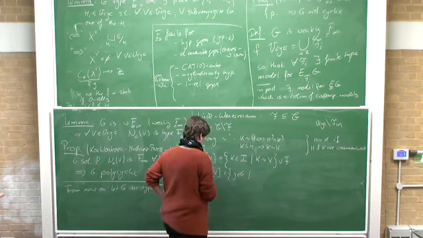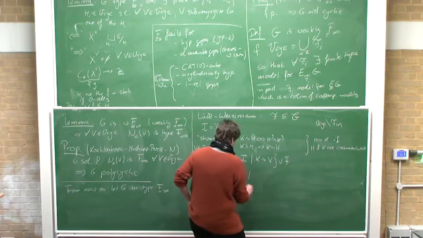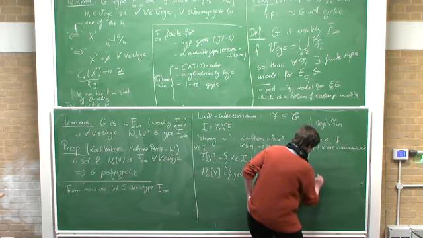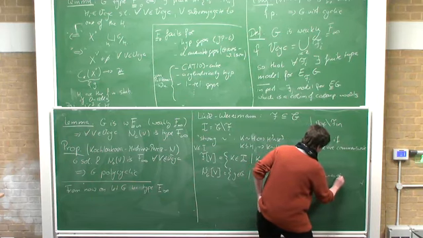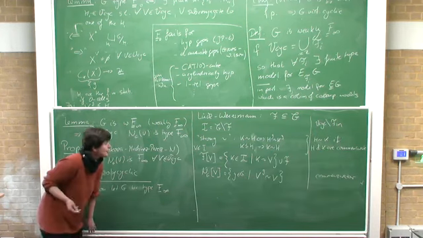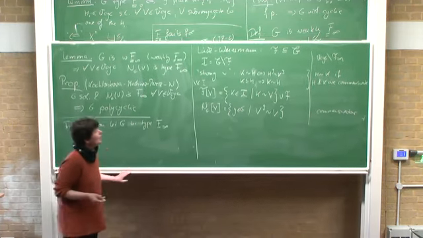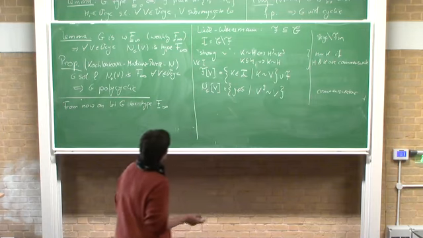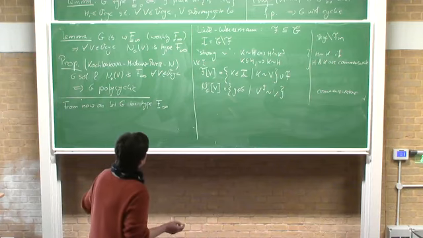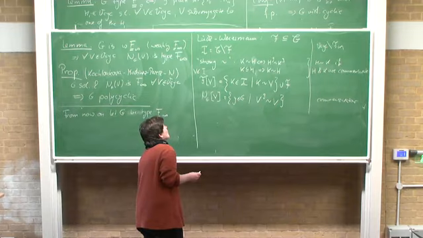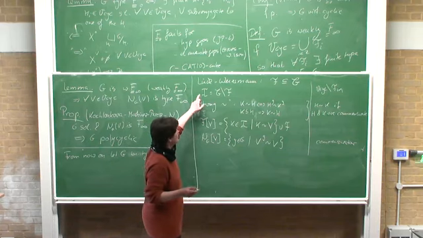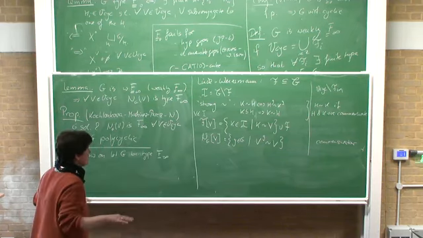In this case, it's a commensurator, so the commensurator of V in G. Having this, you are now in place to build a model for E bar bar G. But again, up to conjugacy, there might be infinitely many classes here.